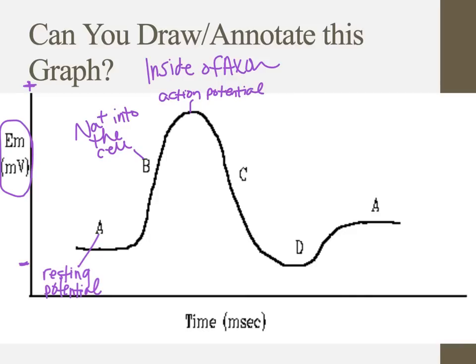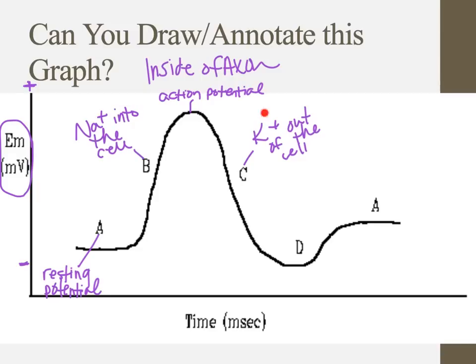Okay, that change to a positive charge on the inside of the axon causes those potassium ion channels to open, and this causes the potassium ions to diffuse out of the cell.